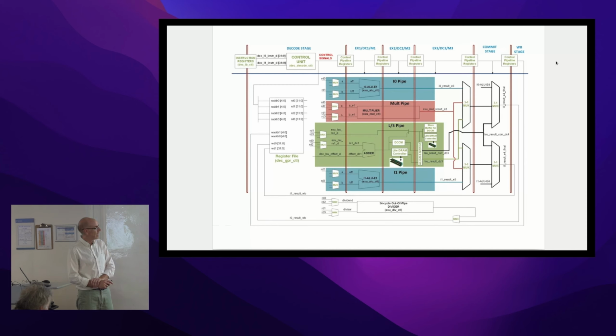Let's say an addition that depends on the result of a multiplication. You cannot receive the value through forwarding until the moment when it's been computed by the multiplication. But in that case, the add instruction would have to wait for some cycles.